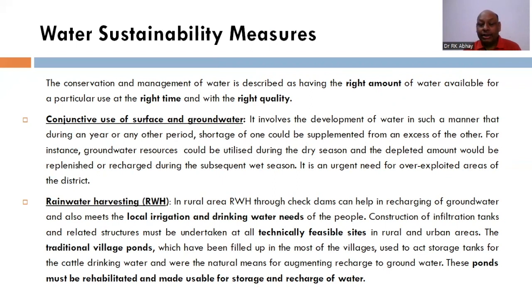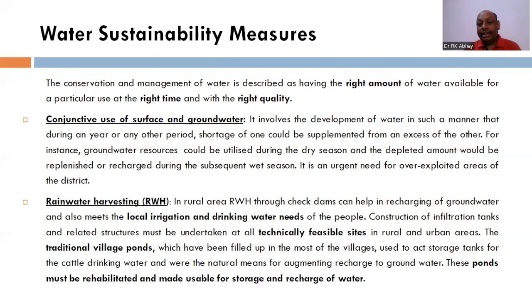And it should be utilized during the dry period when we face a deficit of water. For that, we require that rainwater harvesting be made a strictly mandatory activity for all of us, not only in rural areas, and particularly in urban areas.